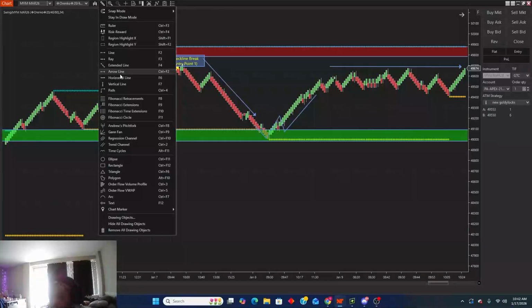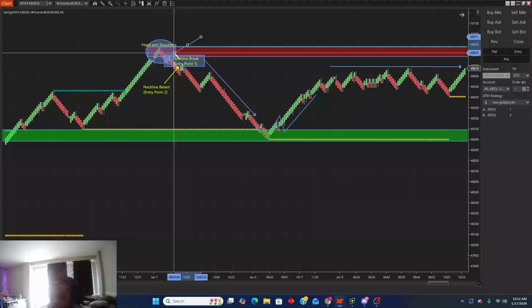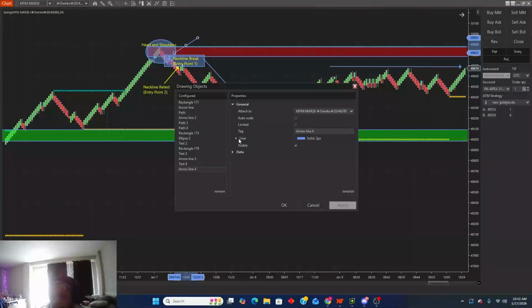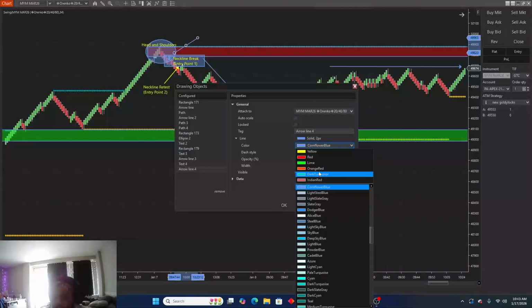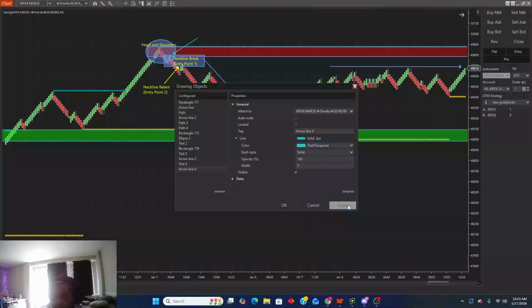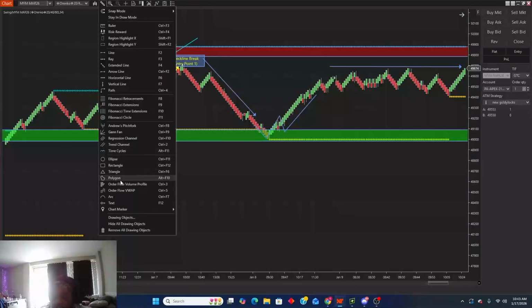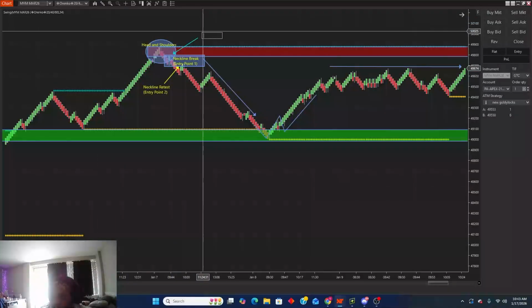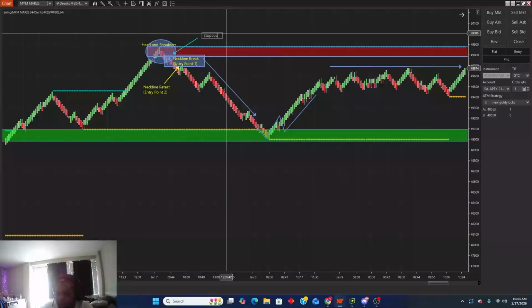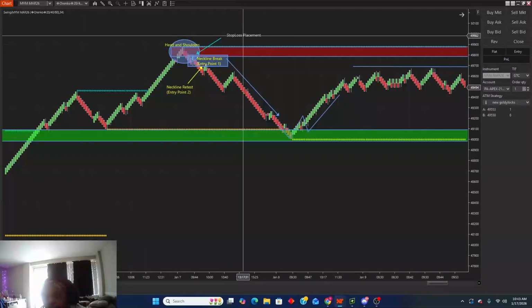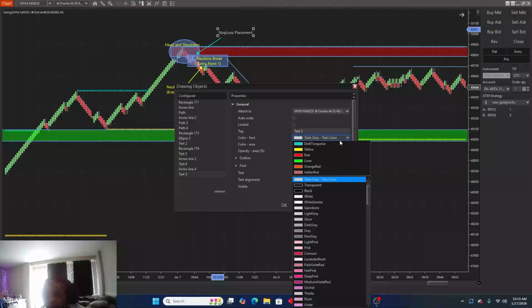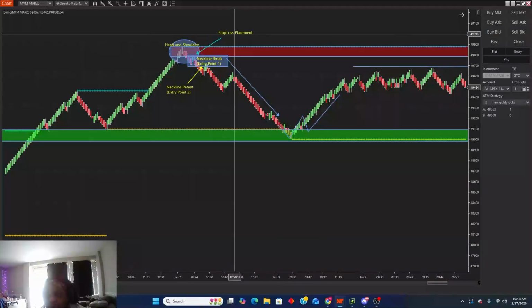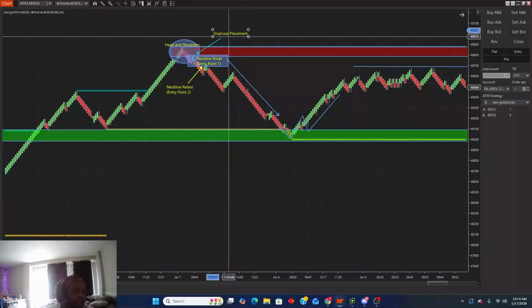Which one did I use? Stop loss placement is above the right shoulder, always, for the break and the retest.